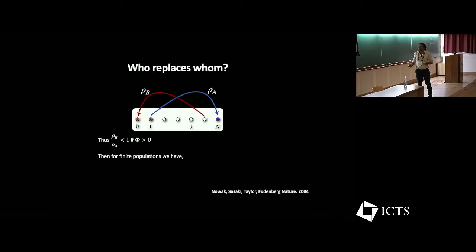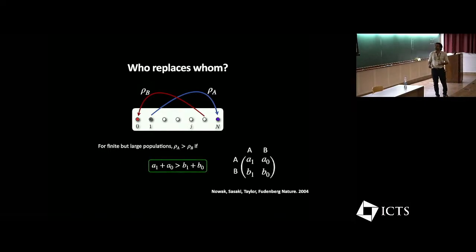So for finite populations, phi larger than 0 looks something like this. We can again use the same trick as before: the population sizes are large enough that we can do some approximation on this n. And if we do that, what we get is simply A1 plus A0 larger than B1 plus B0, which is also known as the condition for risk dominance.